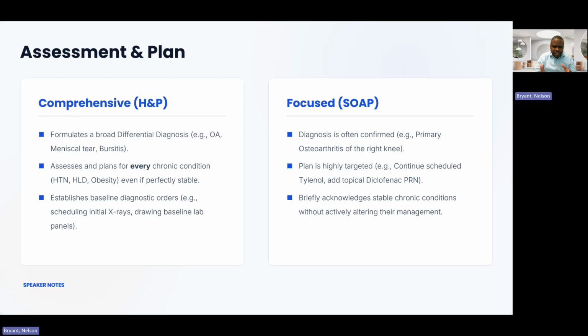So for the focused assessment, when we are using the sub-note template, we are focusing on the chief complaint. In this case, for example, osteoarthritis, which Mr. John Doe was diagnosed with. And then briefly, we know about his hypertension and hyperlipidemia, that they remain stable.